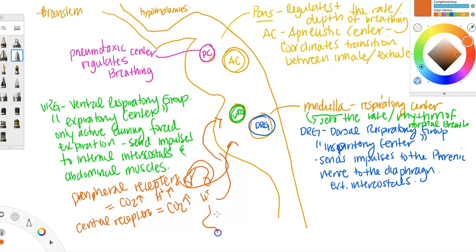Your muscles, the proprioceptors, also feed back here. When your muscles are active, they're making ATP, they're producing a whole bunch of CO2 as the waste, and you have to increase your breathing to get rid of that.